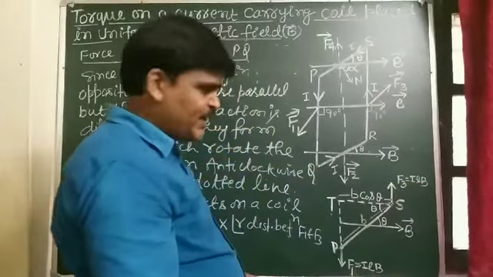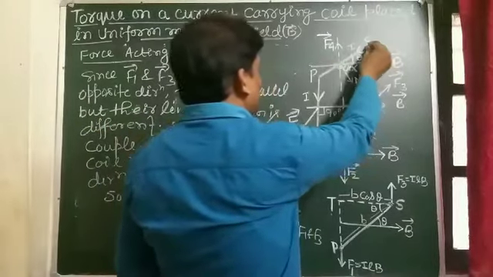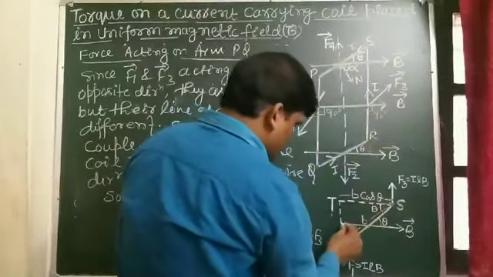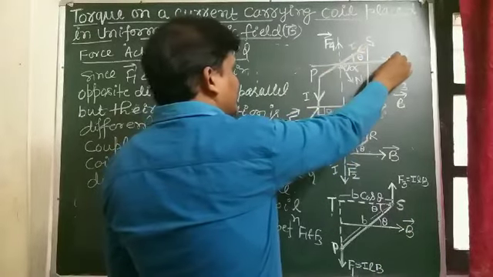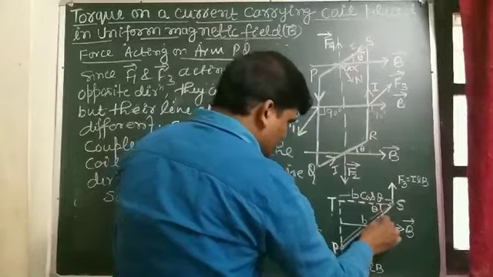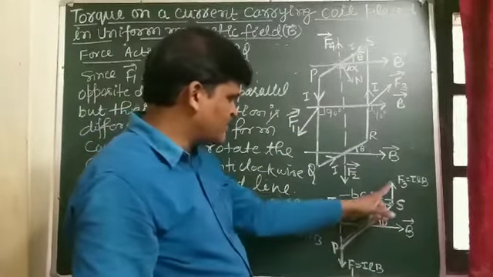And what is the perpendicular distance between the two? So angle between SP and magnetic field, here also a magnetic field, is theta. And we have to find the perpendicular distance between F1 and F3.